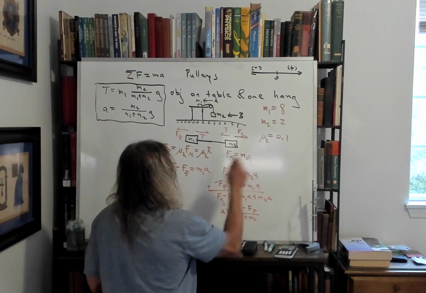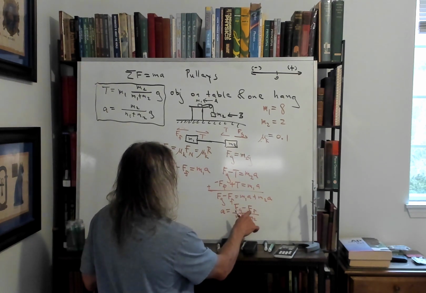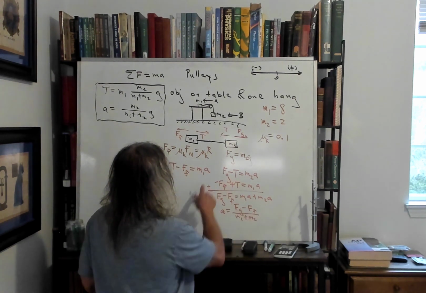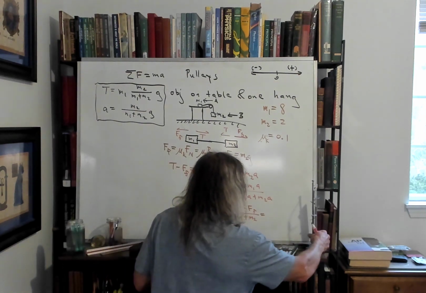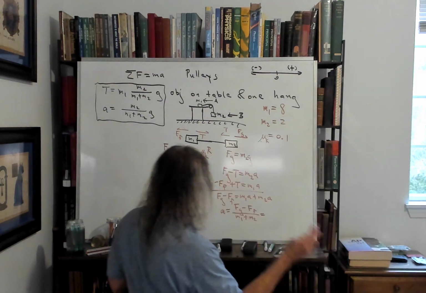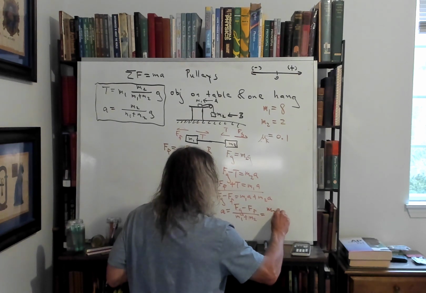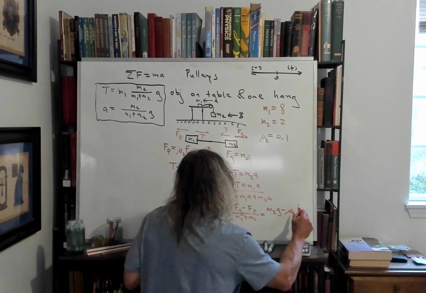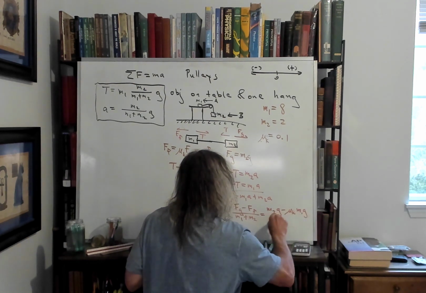That's what it's for. And so m sub 2 times g, and this will be like that, which will be μ sub k times mg. So this will be m2 g minus μ sub k m1 g over m1 plus m2.